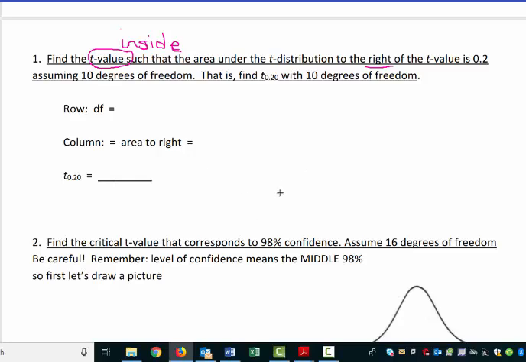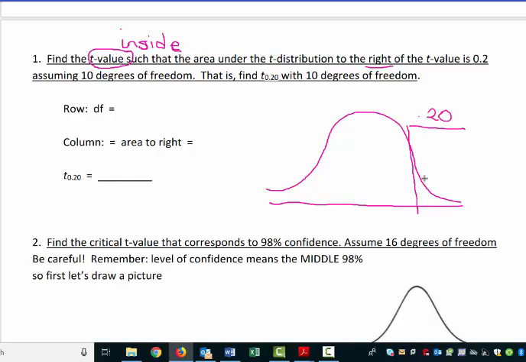So I like to draw my picture just the same. To the right is 0.2. So basically this is what they're giving us. This area right here is 0.2. We have to find the T value.